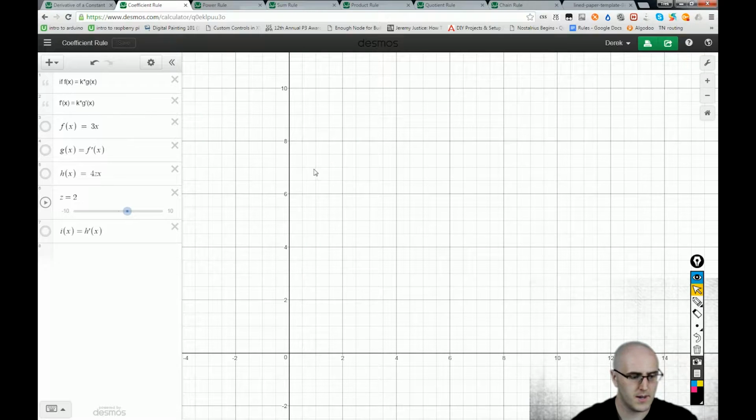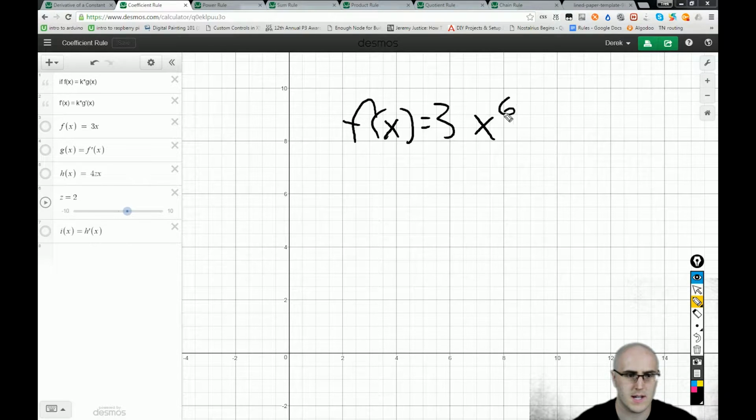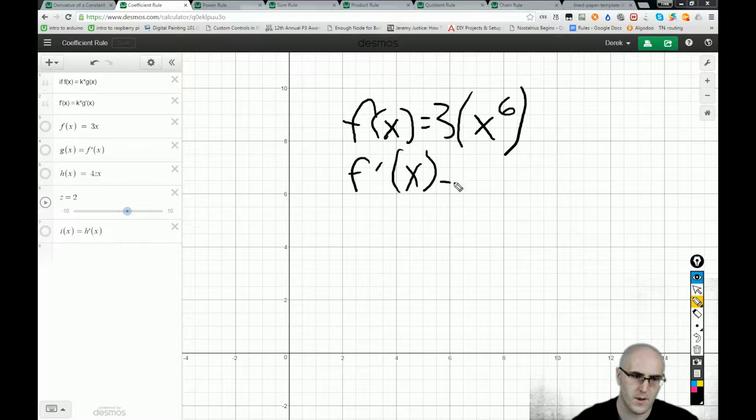So let me give you an example of what that might look like. For example, we have something like f of x is equal to 3 times a function, let's call it x to the 6th. This right here is a function, and here we have a constant, so our derivative should be equal to 3 times g prime of x, where we'll call this g of x.